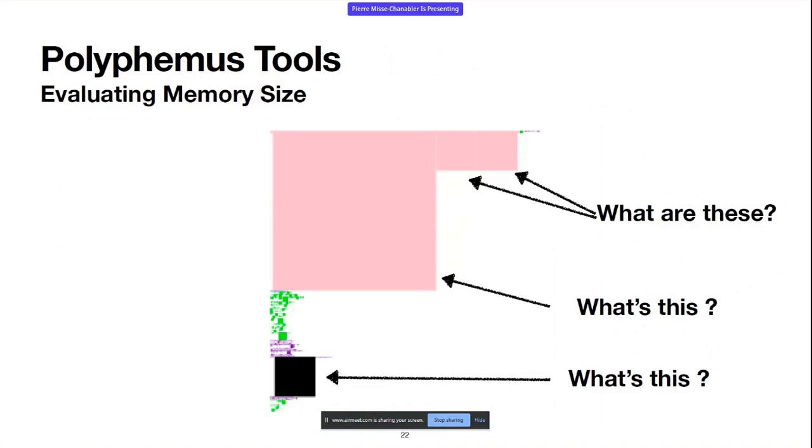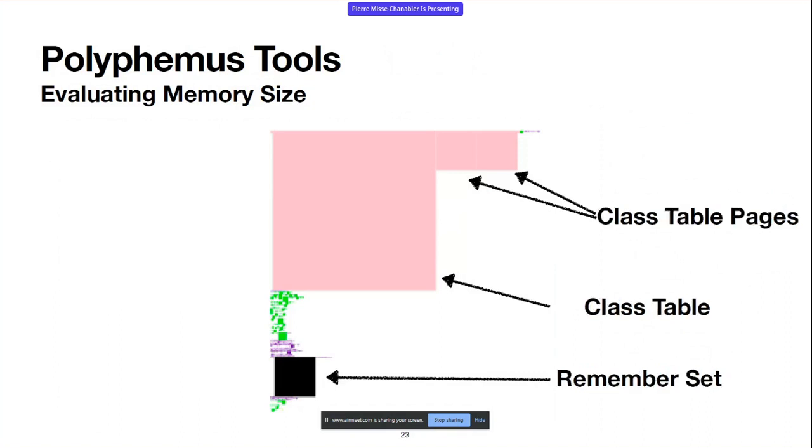The thing that is important here is that we have a lot of boxes, but we have actually 4 that are very big here. And this particular image was done to try to run Pharo in IoT, and therefore the image size was supposed to be as small as possible. Upon investigating a little bit more, these are class table pages, class table, and remember set.